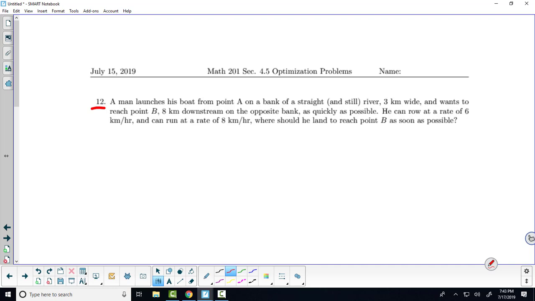So let's look at this problem real quick. Let's look at the picture that goes with this. So we've got a straight and still river that's 3 kilometers across. Pretty wide river, maybe the Mississippi at some point.